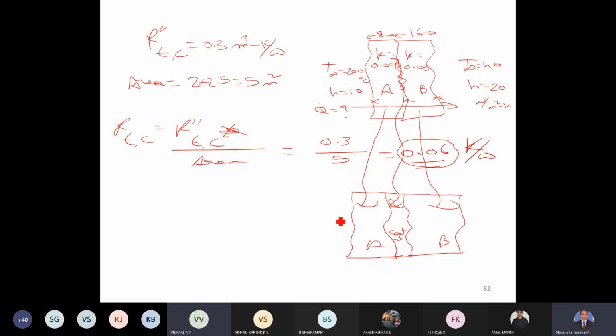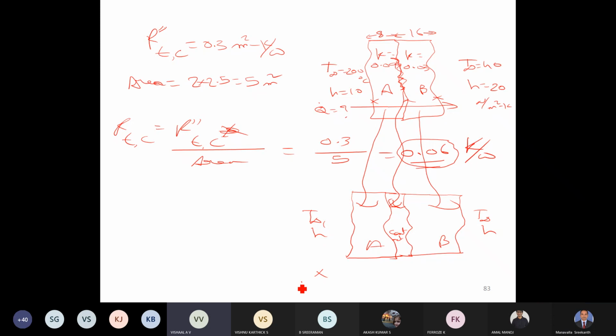Okay, so now we have a convection environment here, and a convection environment here, and we have the thicknesses of each of these, the conductivity of A, the conductivity of B, the thickness of A, the thickness of B, and also we know the resistance offered by this particular contact resistance slab. So we'll represent each one of these with a temperature. This left hand side convective environment is, let us say, T infinity 1.